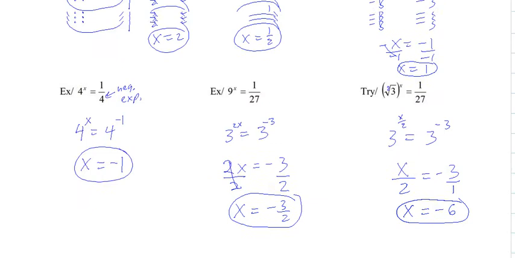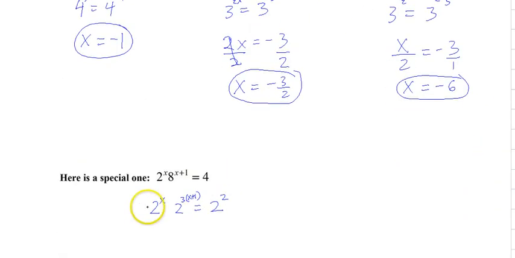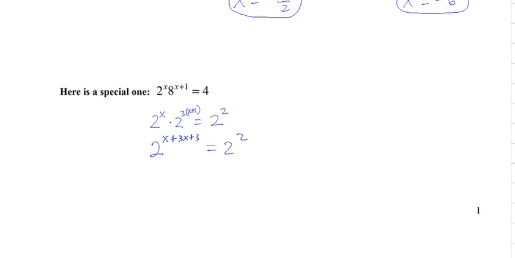Okay, so this doesn't hit our property yet. The property says they have to have the same base, and there only is one of them. Over here, it's not a clean comparison. We're multiplying. So for multiplication, you add exponents. So this would be 2x plus, and then I'm going to distribute 3x plus 3. Now they're exactly the same base.